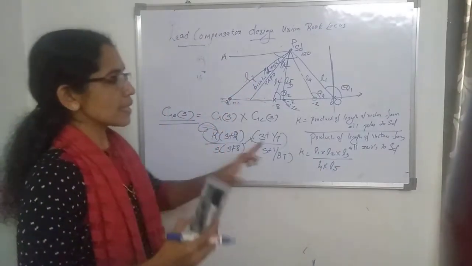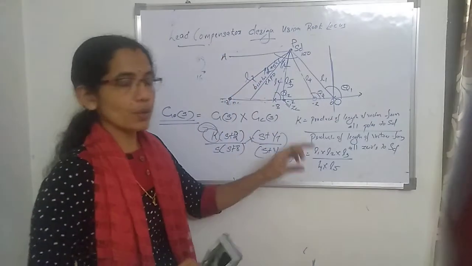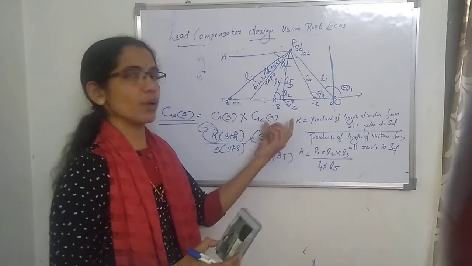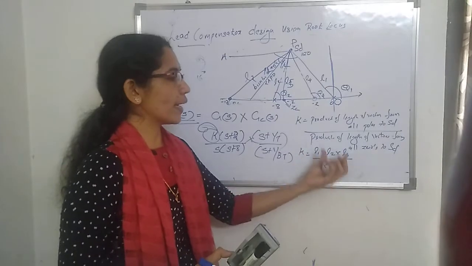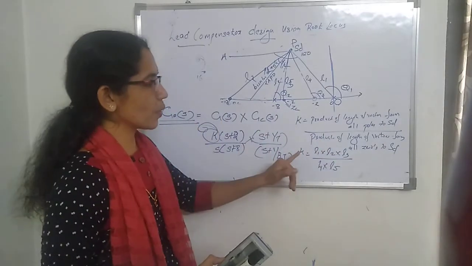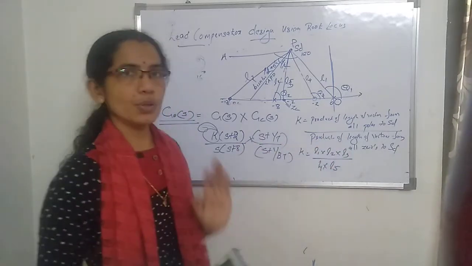So we need to consider the poles and zeros contributed by the compensator also. The compensator provides a pole and a zero, and their lengths must be considered. So K is equal to L1 into L2 into L3 divided by L4 into L5.